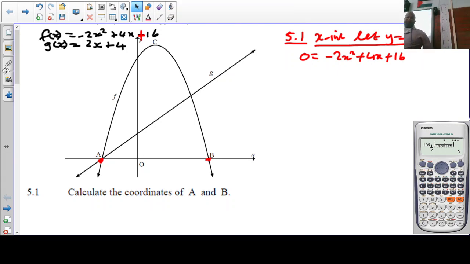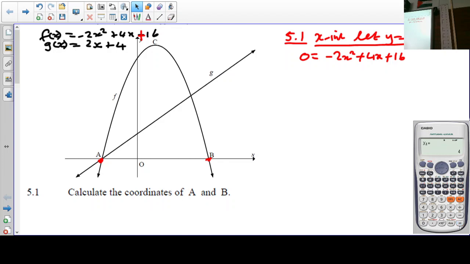So we can do one of two things. You can either factorize or use the quadratic formula, or if you have the silver calculator, of course, you just punch that into the calculator. So you've got negative 2, 4 and 16.